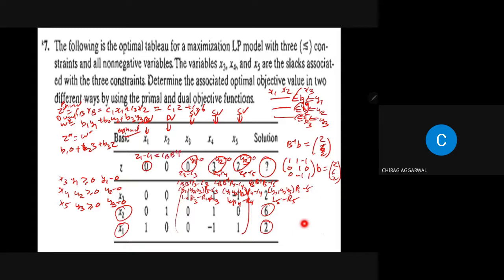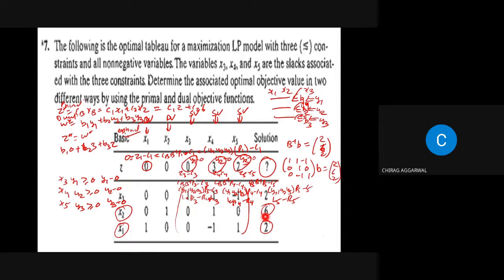CB B inverse p1 minus c1, and it is equal to 0. And CB B inverse is what? It is the y1 y2 y3, and p1 is the original P1, so it is P1 minus C1.